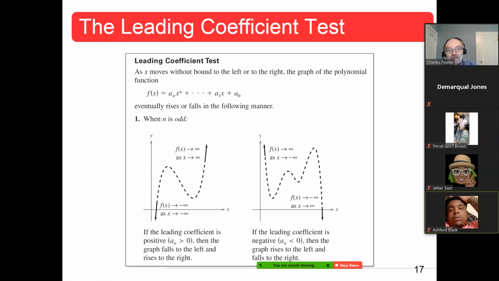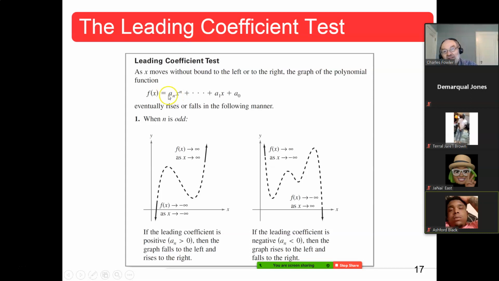Now if that leading coefficient is negative, though, again, a negative number for x raised to an odd power is always going to be going very negative, but if you multiply it by a negative coefficient, that flips it and makes it go positive. So this one is going up, and this one's going down, because your negative coefficient, if x is very, very large positively, doesn't matter what the value of n is, that's going to be an incredibly large number.